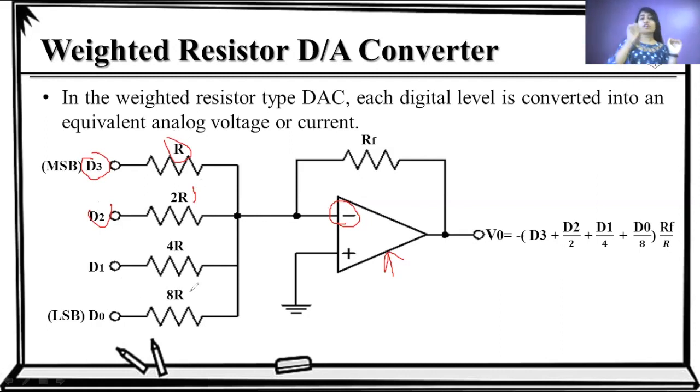Basically for D0 we have 2 raised to 3 into R. Why 2 raised to 3? Because here we consider n equal to 4.